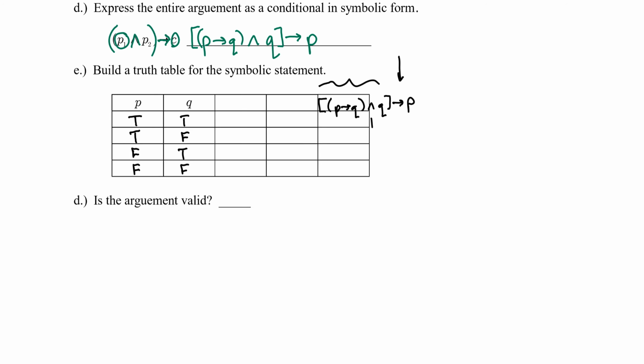Let's break down our conjunction. The conjunction has a statement on the left, if P then Q, and a statement on the right, Q. We will already have that truth value listed here. So the last thing that we need to do is join those two statements together in a conjunction: if P, then Q, and Q. Now we're ready to fill out truth values.